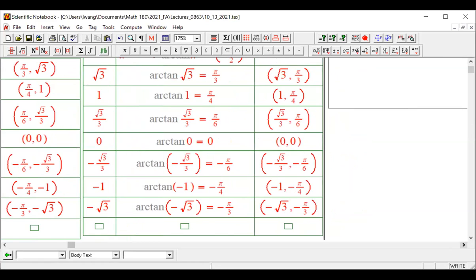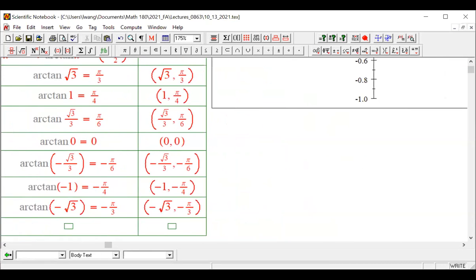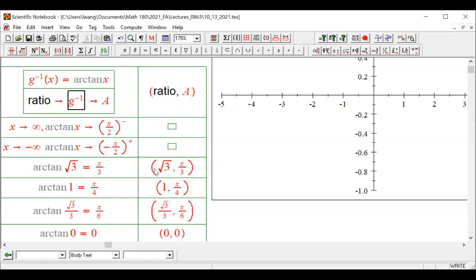So we're graphing all of these points. Okay, swapped.